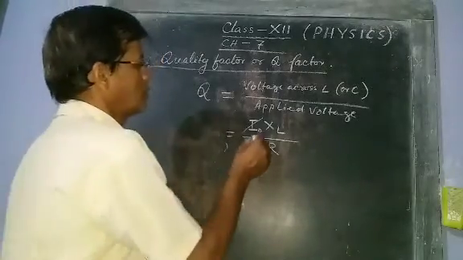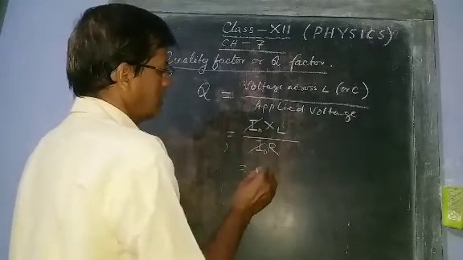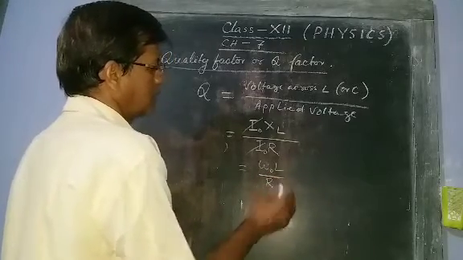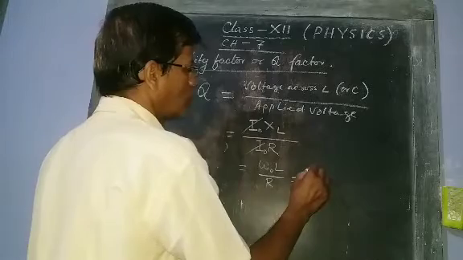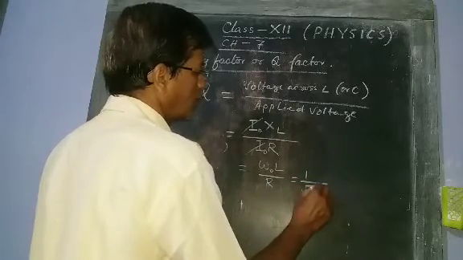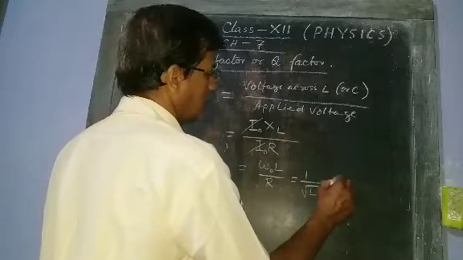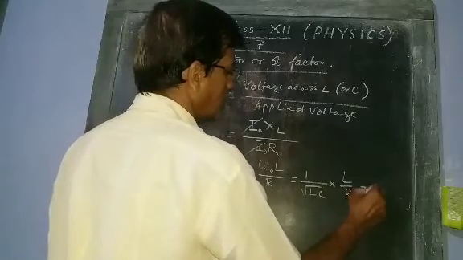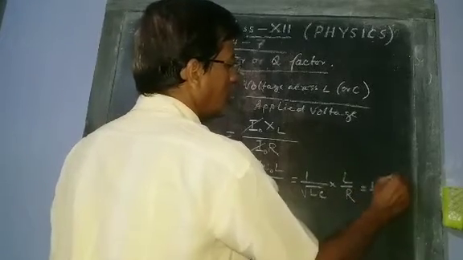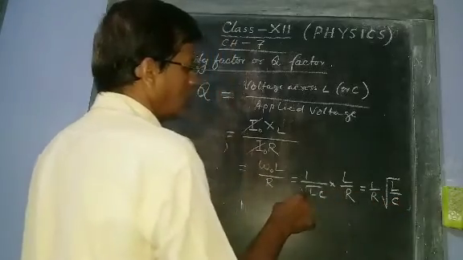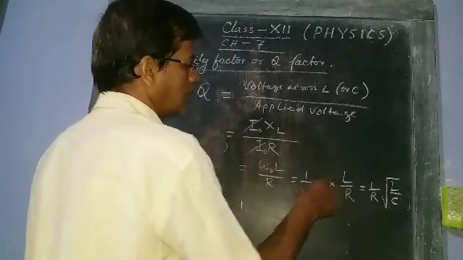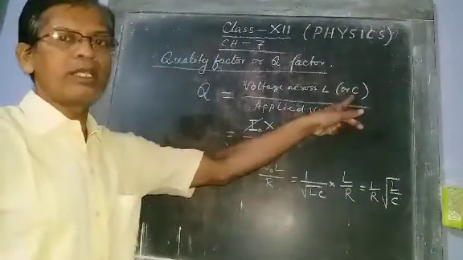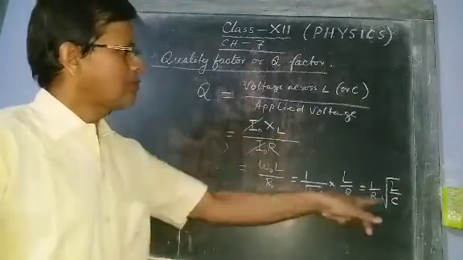So what is XL? Omega naught L by R. Now what is omega naught? 1 by root LC, into L by R. So if you cancel this, what will you get? 1 by R times root L by C. Cancel root L and L, there will be root L, and this root L cancels root C. So Q is 1 by R root L by C. If you take C, then the same expression will come.